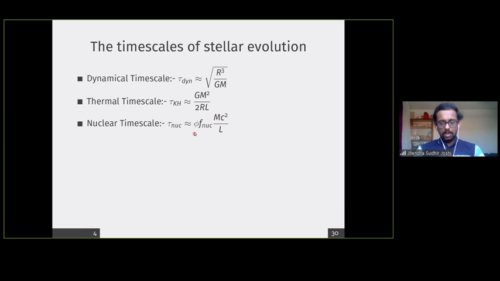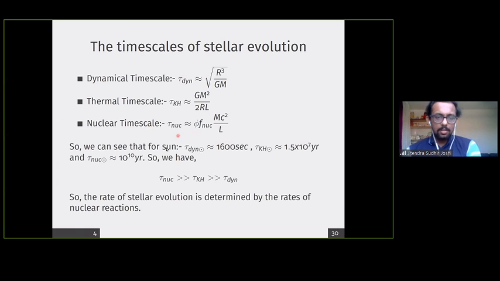Now for our sun, the dynamical time scale is just 1600 seconds, but the thermal time scale is of the order of 10^7 years, whereas the nuclear time scale is of the order of 10^10 years, which means if all of a sudden the nuclear fusion inside a star stops, it will take 10^10 years for us to observe some significant change.